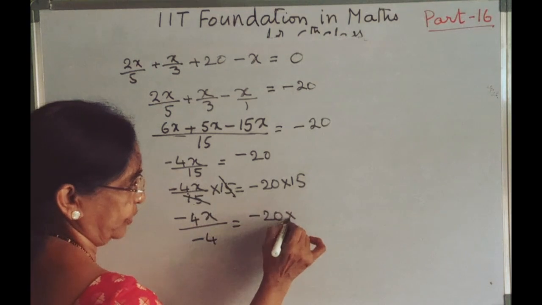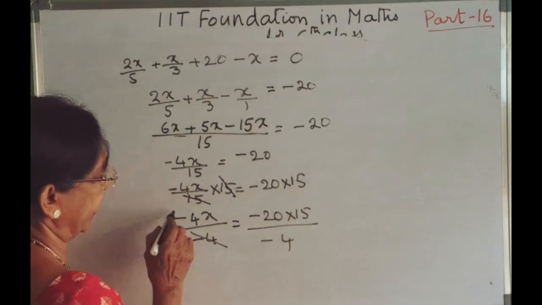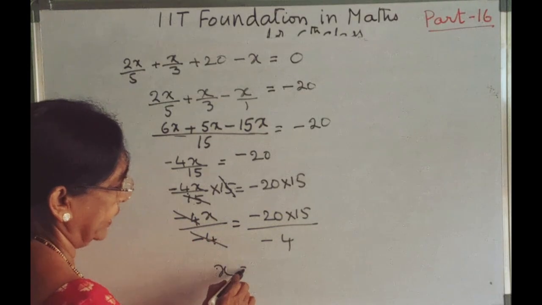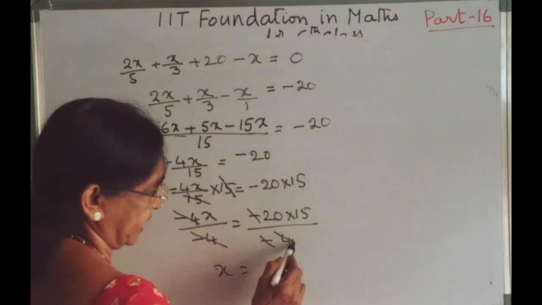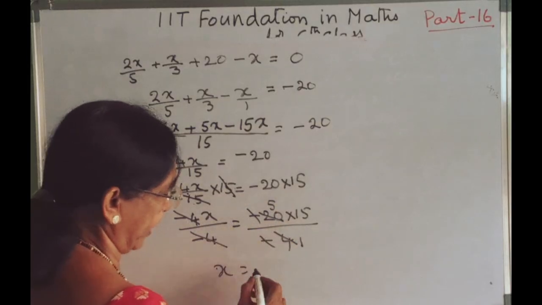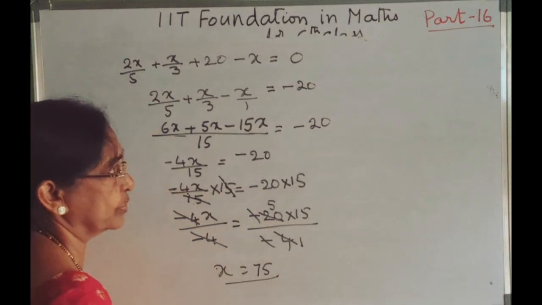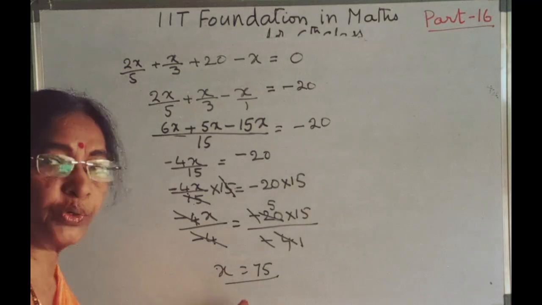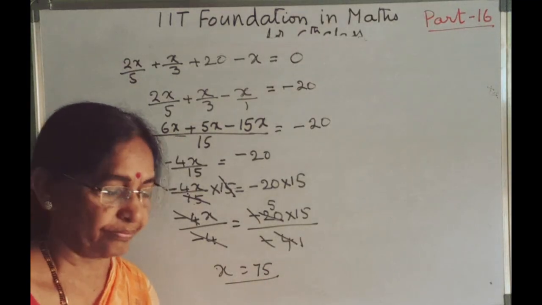Minus 20 into 15 by minus 4. Here minus 4 gets cancelled. x remains. Here minus gets cancelled. 4 ones 4, 4 fives 20. And 15 fives is 75. Therefore, x is equal to 75. That is, the total number of chocolates with Rani is 75.